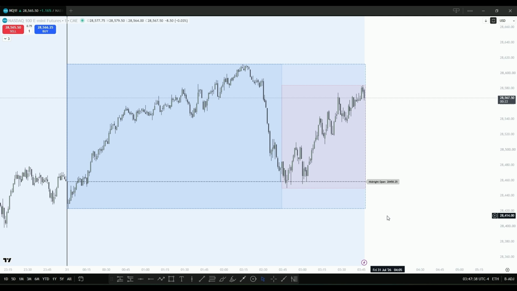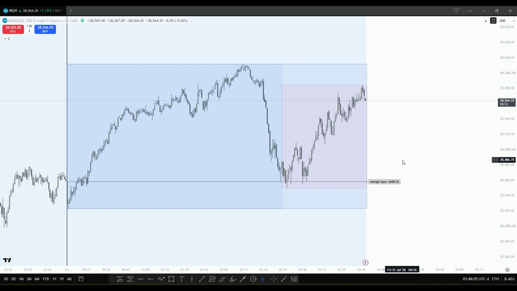Well, now that we have the time cycles showing on our chart, we would like to see an SMT forming between two different cycles. So it's going to be either between accumulation and manipulation or between manipulation and distribution.